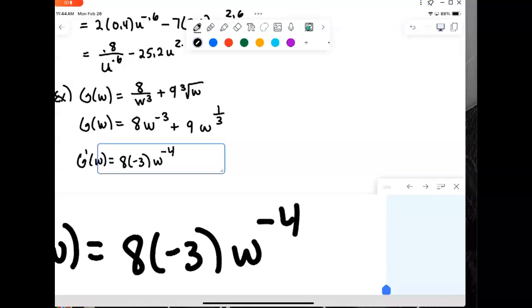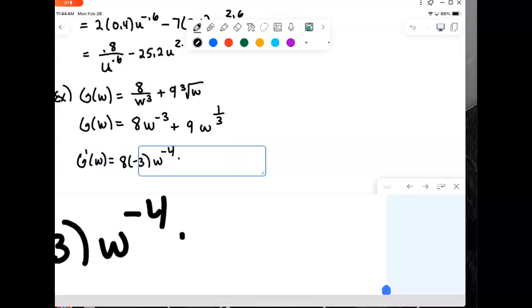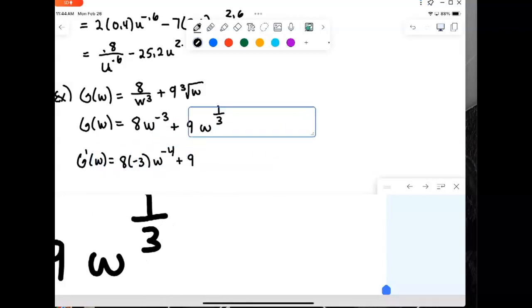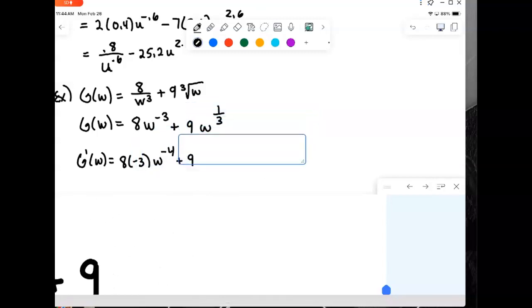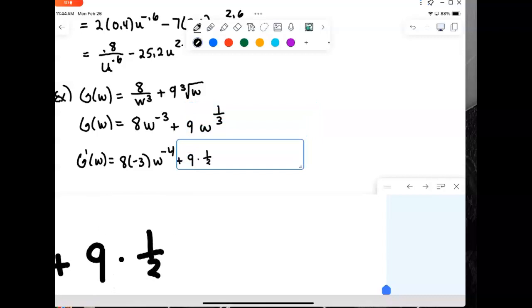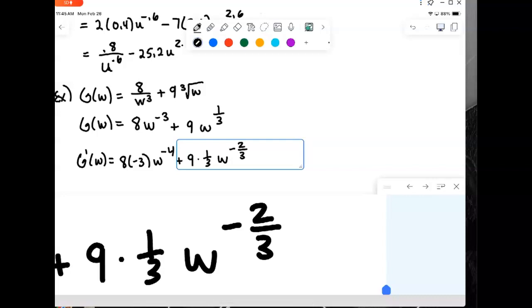That would actually turn into a minus 4 now. Continuing, 9 stays out front. W to the 1/3, we would multiply by the exponent, the 1/3, and then drop it by 1. 1/3 minus 1 will give us a negative 2/3.